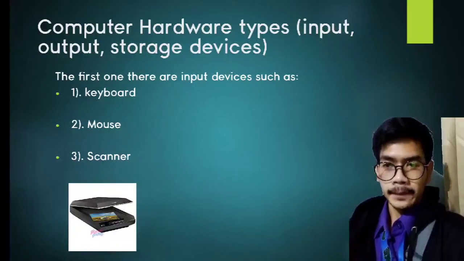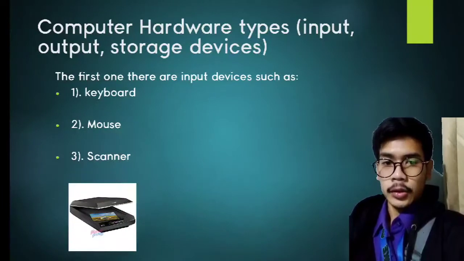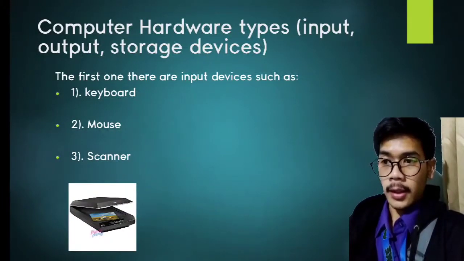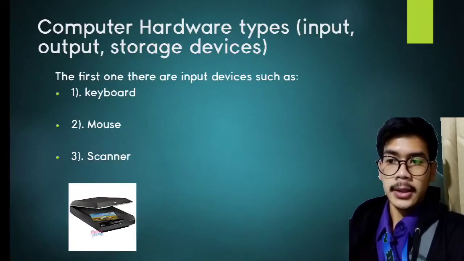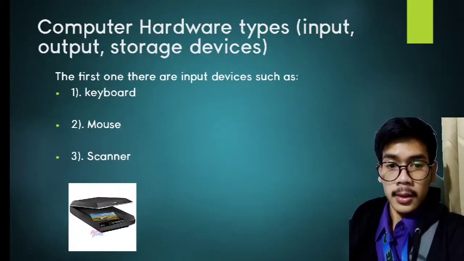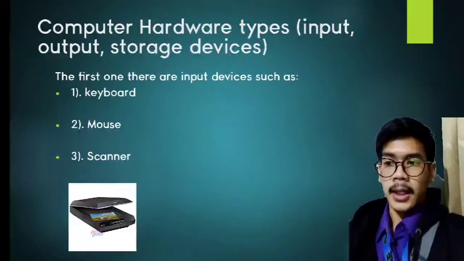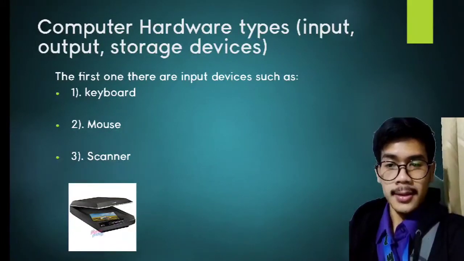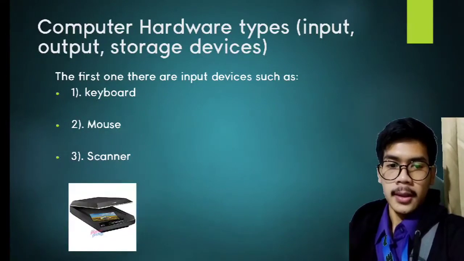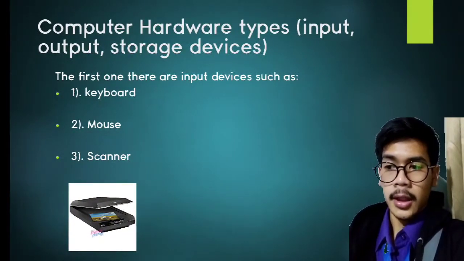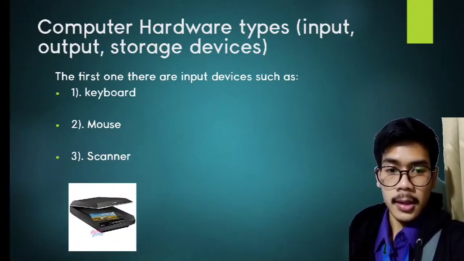Computer hardware is divided into several categories like input, process, output, storage device, and electrical hardware, which have different functions. The first category is the input device, and those are number 1, keyboard. Keyboard is the main input device for a computer system, which consists of buttons for operating the computer.